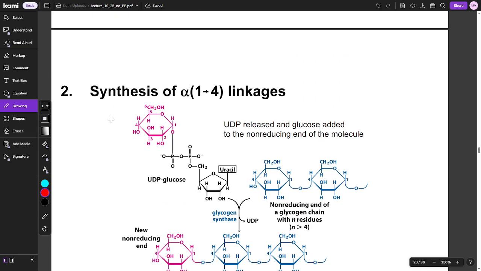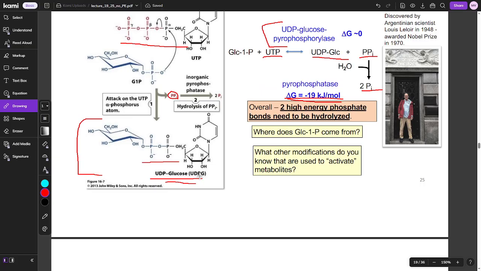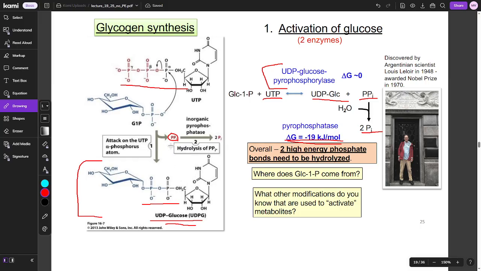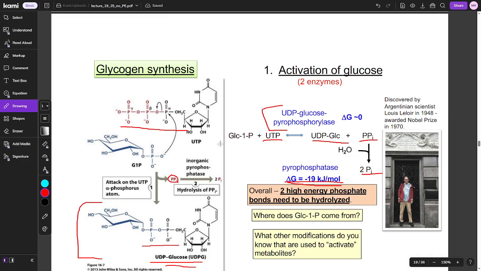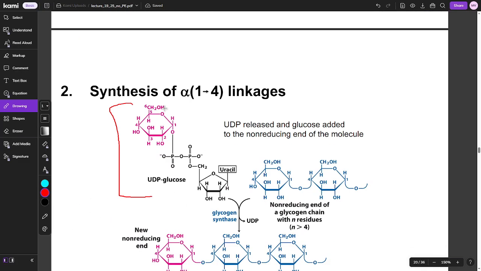So now we have this UDP glucose. Now we have to figure out what we use to attack it. Let me check whether they mention the enzyme here.